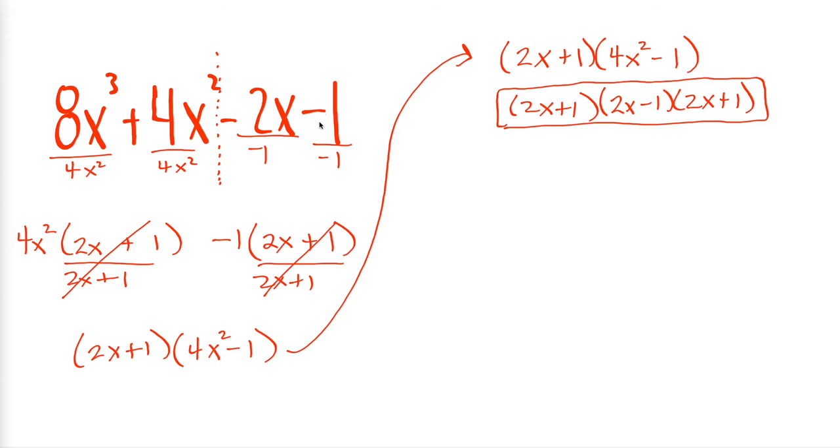You basically just factor everything as much as you can until you can't factor anymore. It's not always going to be set up the exact same, so I can't tell you you're always going to do this or this. You basically are going to factor everything as much as possible.